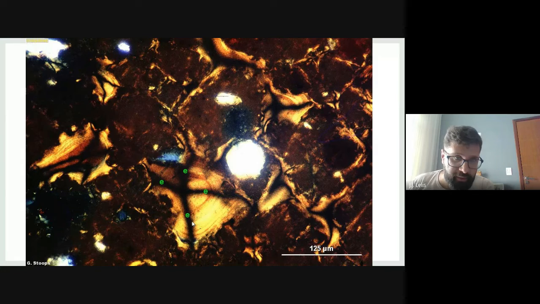So in this case, it's very easy to understand that these are infillings, and these are materials that migrate from the surface to the subsurface because they have these extinction lines and they have the interference color, so they have this B fabric.